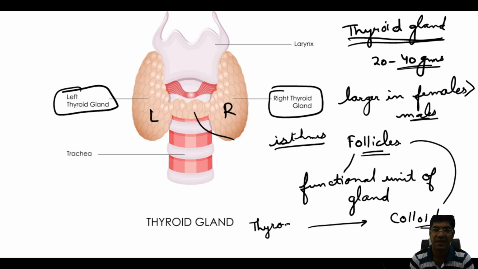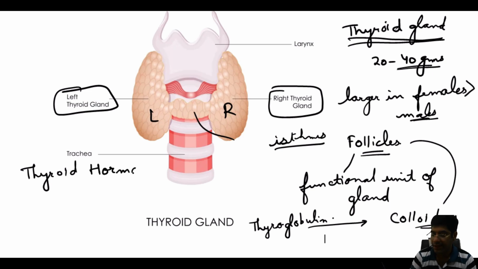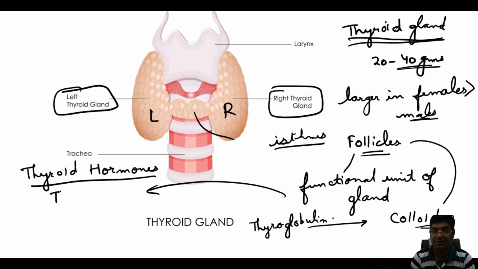Now the follicular cells secrete two main thyroid hormones, the T4 hormone and the T3 hormone. Remember that 90% of thyroid secretion is T4 and T3 consists of 9 to 10%.